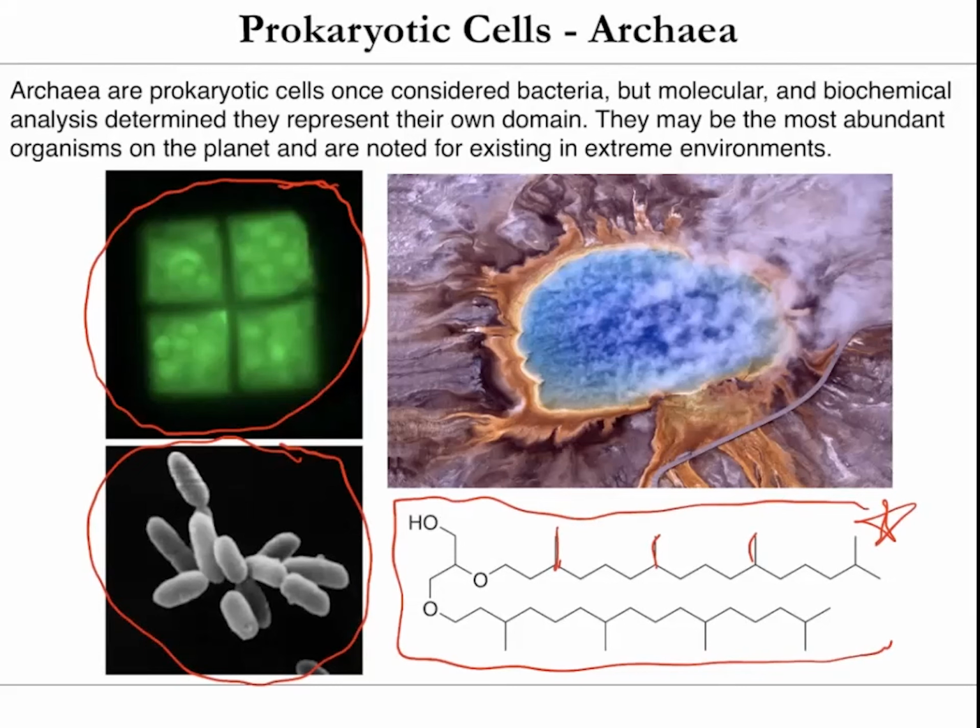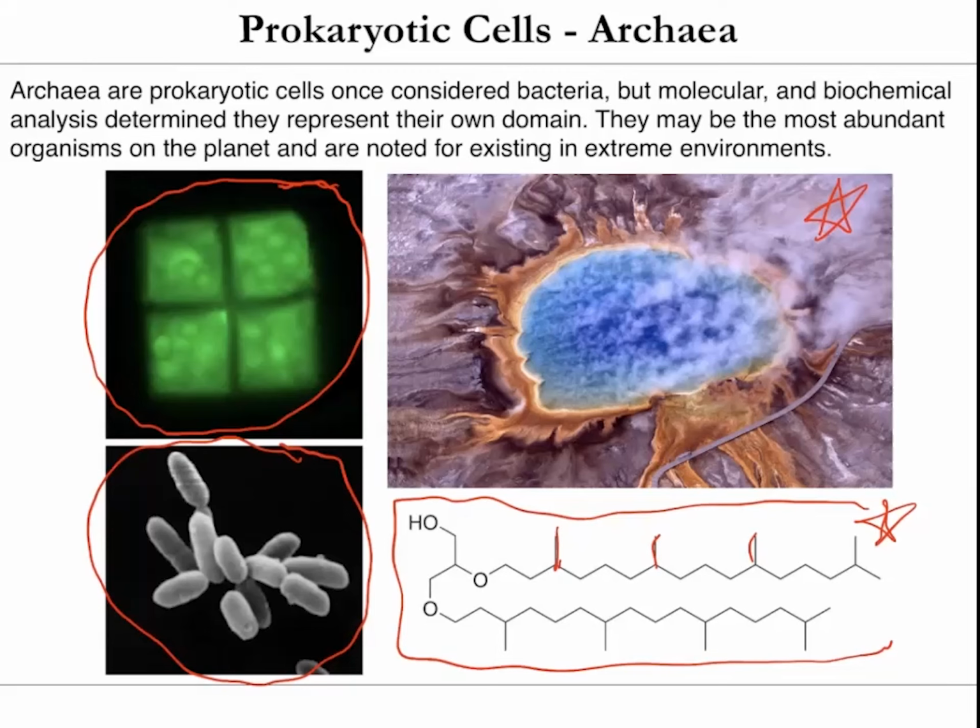They were first discovered in really extreme environments, like these hot springs in Yellowstone, but also in environments that have a lot of salt in them or have a very high or a very low pH. But since then, further research has shown that archaea exist in basically every environment on the planet.